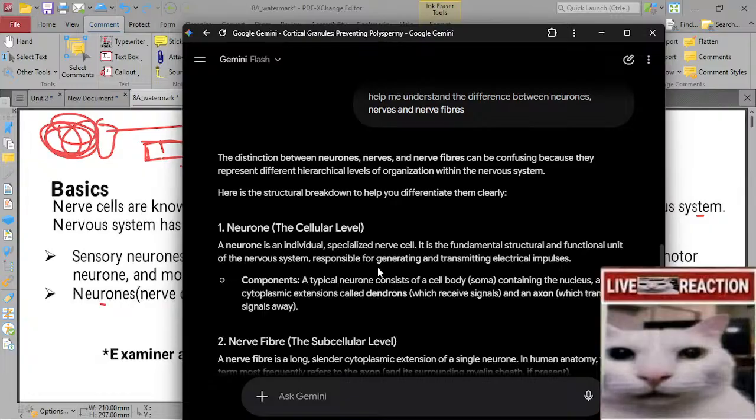So over here, they're just talking about the structure, myelin sheath. I don't know what that says.